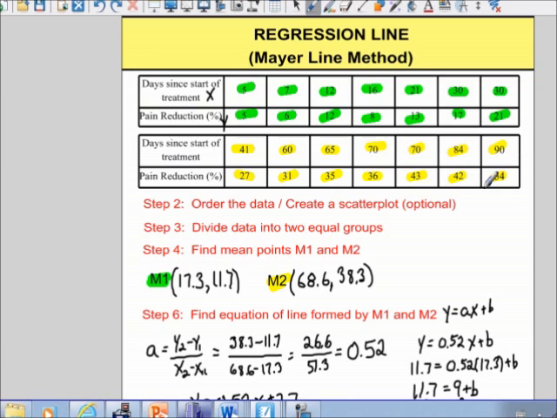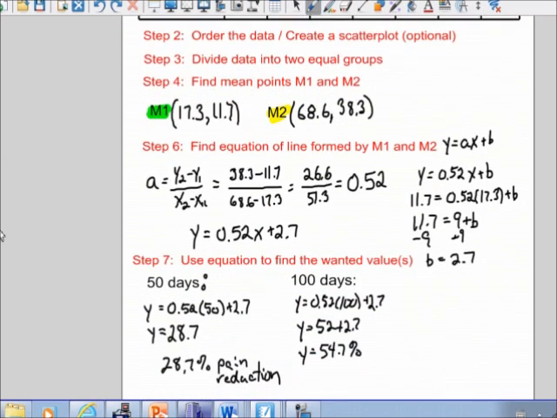For instance, if we were to continue on with this pattern, if you went for say 300 or 400 days of treatment, it's probably going to give you a pain reduction above 100%, which obviously doesn't make any sense. So usually it's best to stay in or very close to the data that you have. Again, if we were to do maybe 4 or 3 days, that'd be fine. Probably wouldn't go too much above 100 days in prediction, because otherwise our values are going to get a little bit out of hand.